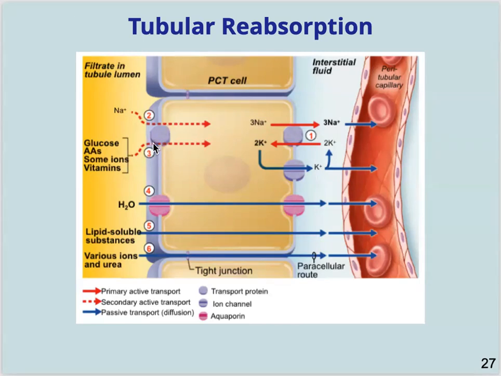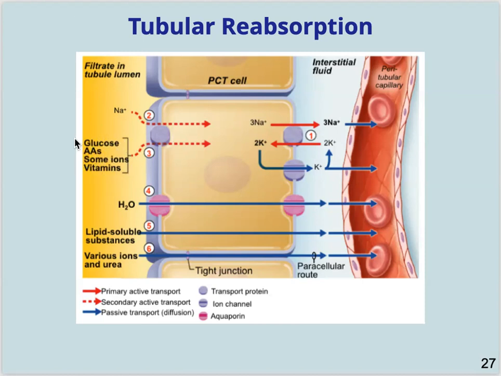And this type of transport is indirectly dependent on the sodium potassium ATPase activity. So this is what secondary active transport is. In other words, we're using the potential energy stored in the form of the sodium gradient to drive the uphill movement of these other solutes.